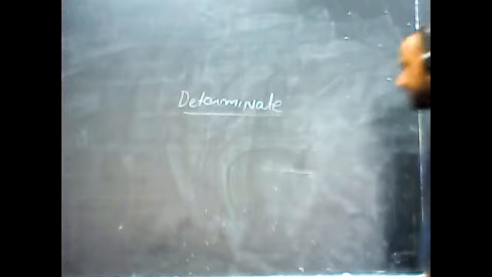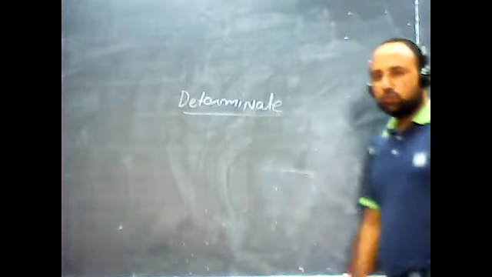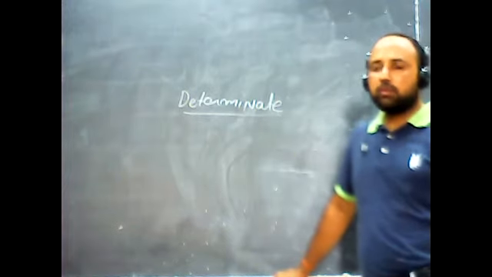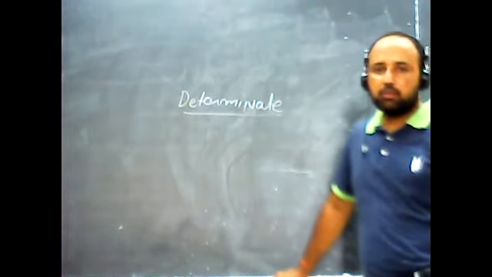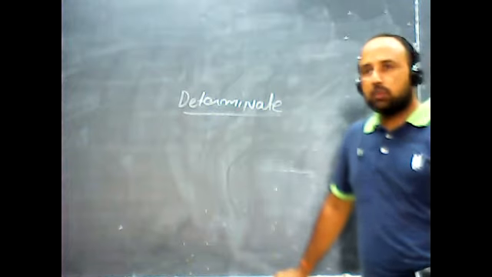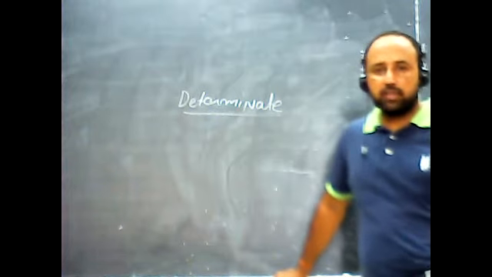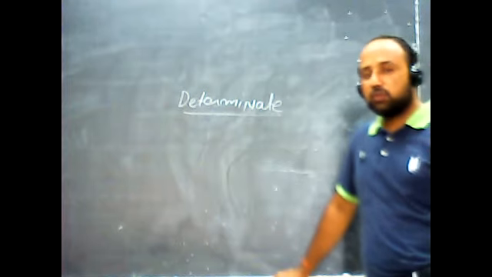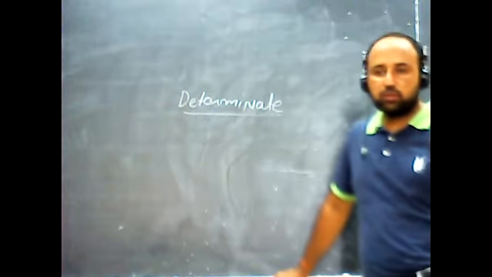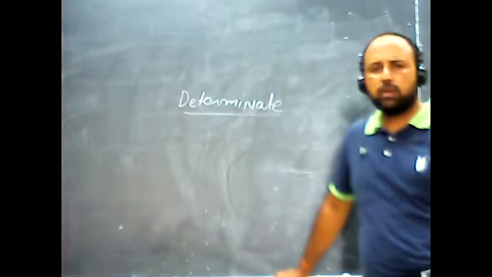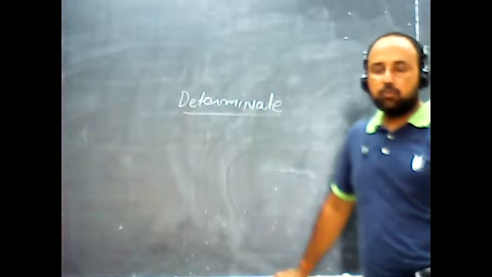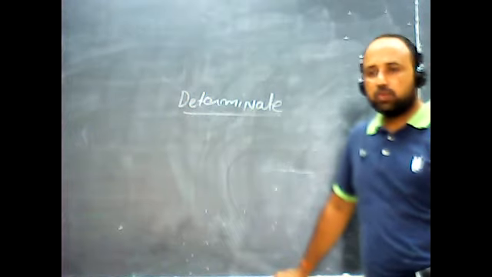First of all, we need to understand what we mean by a determinate structure. As you know, we have statically available equilibrium equations. For a 2D structure, we have three available equilibrium equations: summation of horizontal force equal to 0, summation of vertical force equal to 0, and moment about z, perpendicular to x and y, equal to 0.